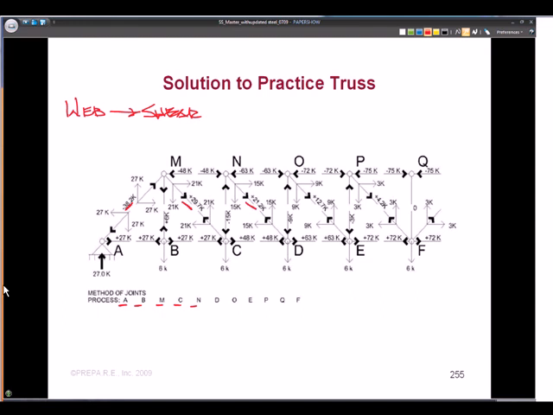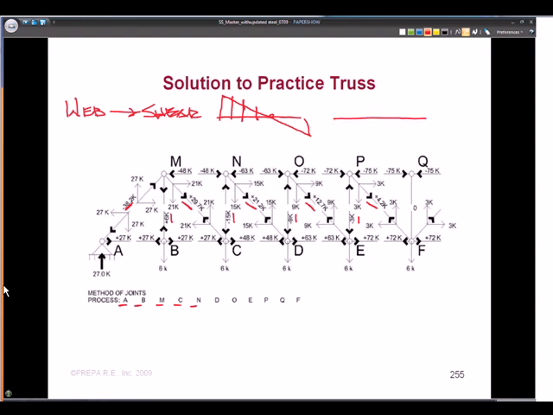They're getting smaller and smaller as you go to the inside, right? Because think about your shear diagram. It gets smaller and smaller as you move towards the middle. So you can see those diagonals and verticals, the forces are getting less and less as the shear becomes less and less in the members.